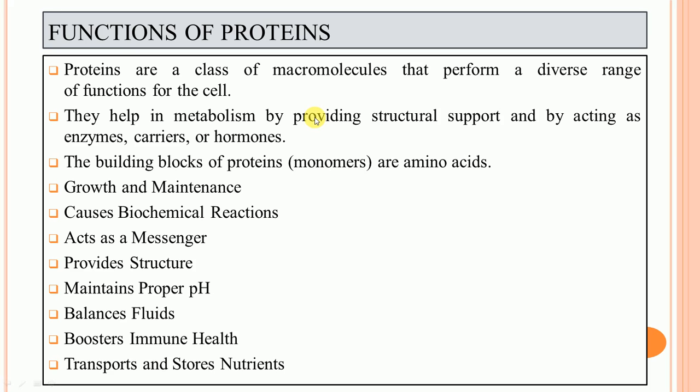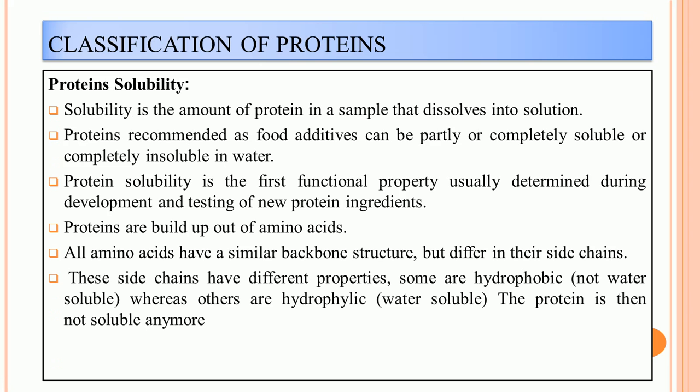They maintain the proper pH and the fluid balance in your body, boost your immune health, and transport and store nutrients. We can take a simple example of hemoglobin, a protein found in your red blood cells that is responsible for carrying oxygen to different tissues.